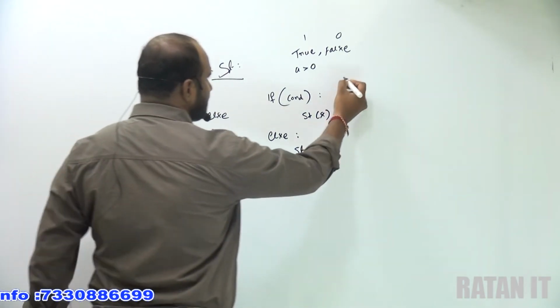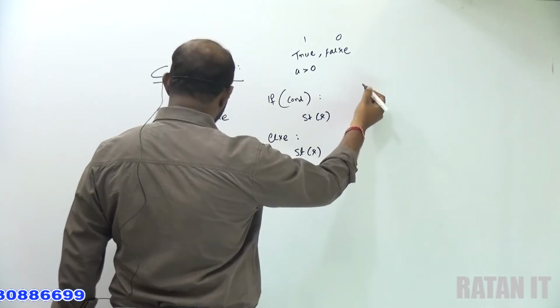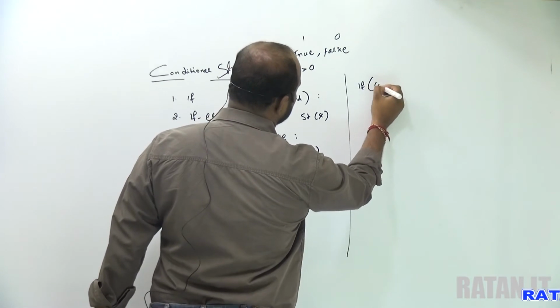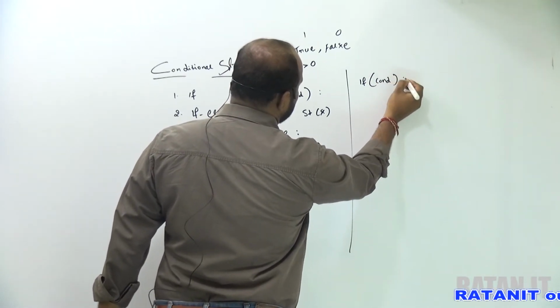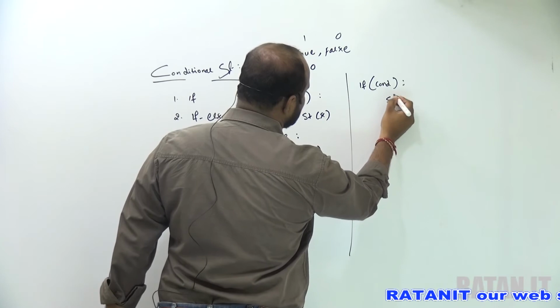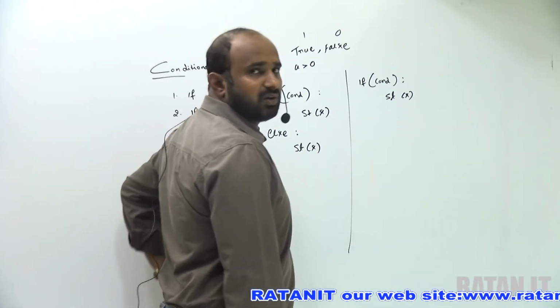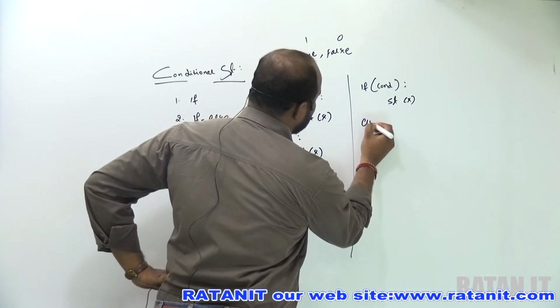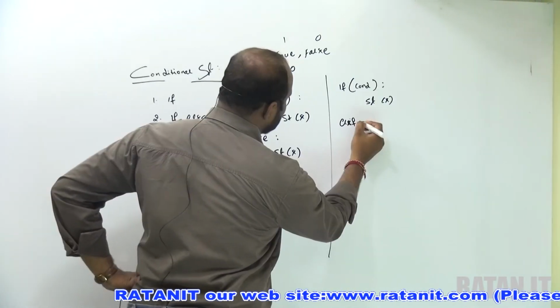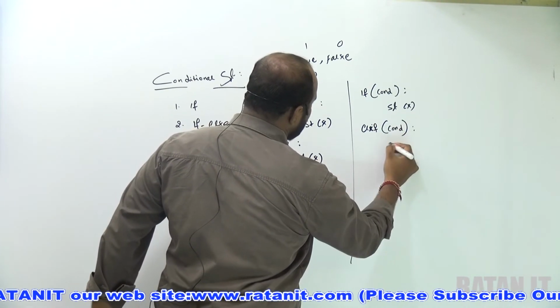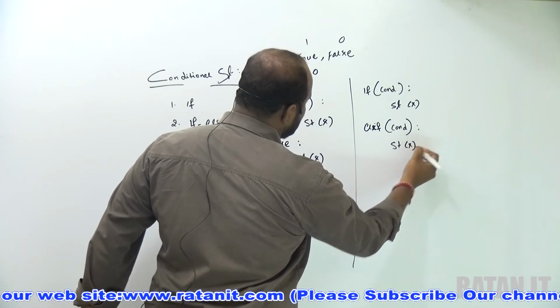What is the next one here? Else if, elif, right? What is the syntax of elif? You can write if of condition. If the condition is true, the statement or statements will be executed here. Here you can write elif, ELIF, elif of condition. If the condition is true, here the statements will be executed.